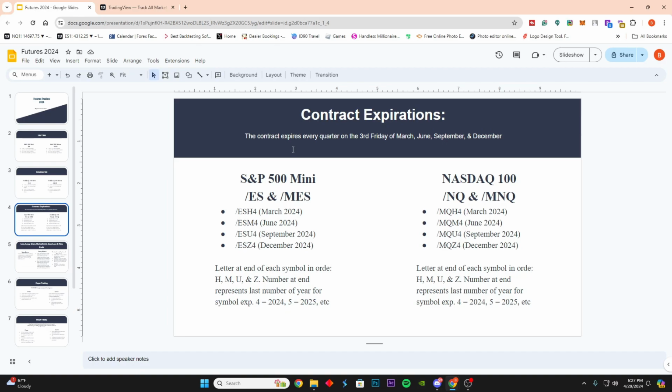These contracts expire every quarter on the third Friday of March, June, September, and December. There's a reason why these contracts expire, but again, it's not something I'll be going into. It's more if you want to look at the finance terms of things. Most modern brokerages manually roll over.